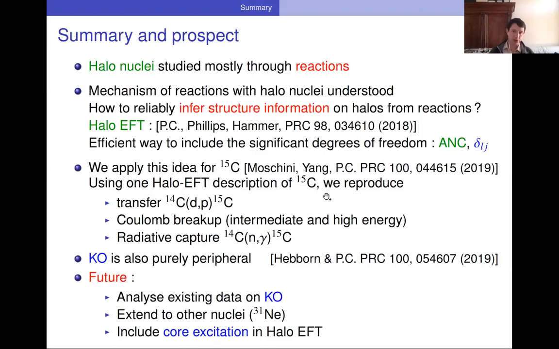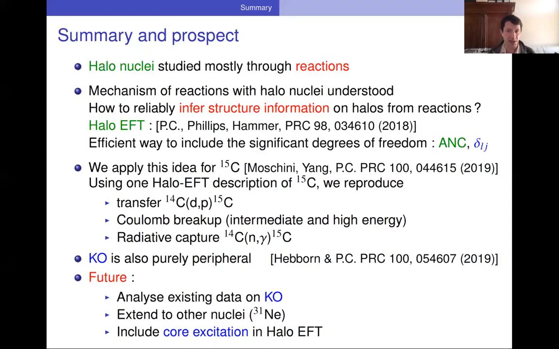What I've shown also is that what Chloe has shown is that the knockout is also a purely peripheral reaction. We were not fully sure of that. And so we hope that in the future we will be able to analyze knockout data and see if this description of carbon-15 that we have used here can also be used to describe knockout reactions.